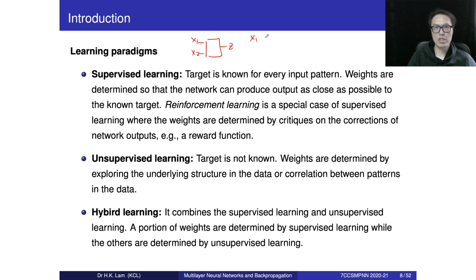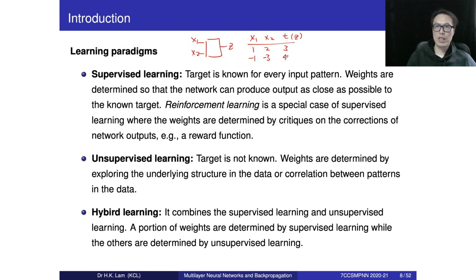We call this the training data set: x1, x2, as well as the target, that is, the value of z. For example, when we input x1, x2 as 1, 2, we expect the neural network output z to be 3.